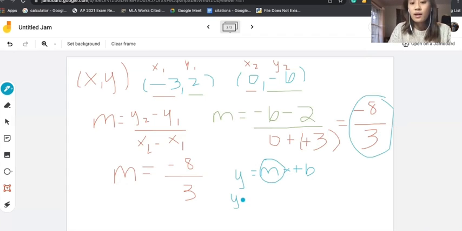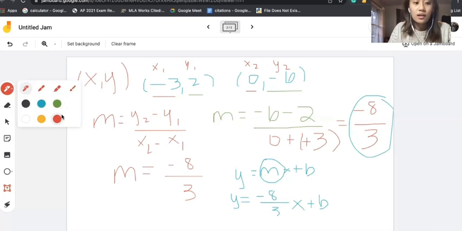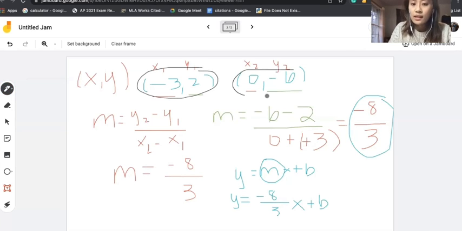So we get y equals -8/3 x plus b. So then what we're going to do is choose one of the 2 points at the top. We can either choose (-3, 2) or (0, -6) and plug the x value and the y value in for the x and y in our equation so that we can solve for b.